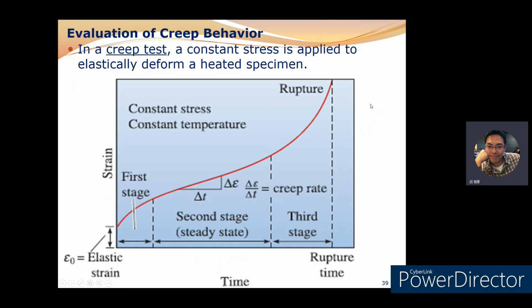Therefore, in a creep test, a constant stress is applied to measure the displacement. In the very beginning, there's an elastic strain, right? Then you will undergo the first stage and the second stage. The second stage is the steady state, and in the third stage the slope increases with time.